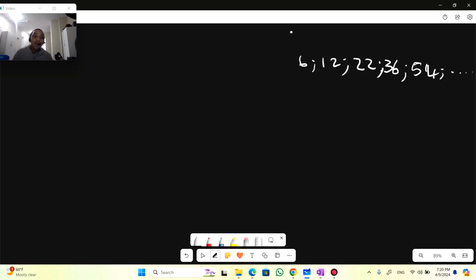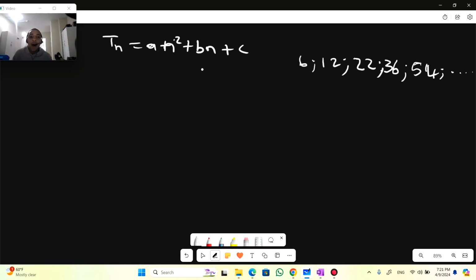Now on our quadratic number pattern, we have a general formula, which is different to that one. Our general formula says Tn is equal to an squared plus bn plus c.